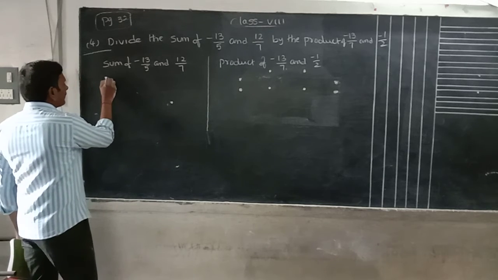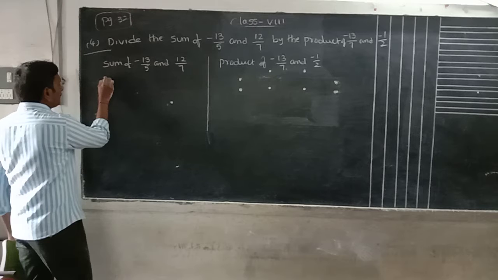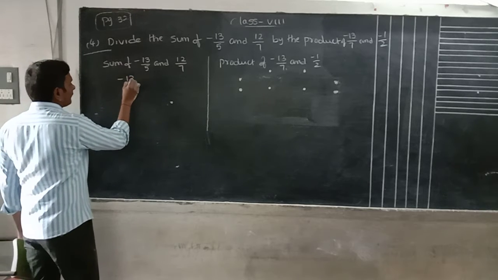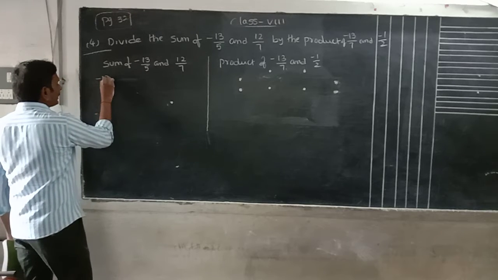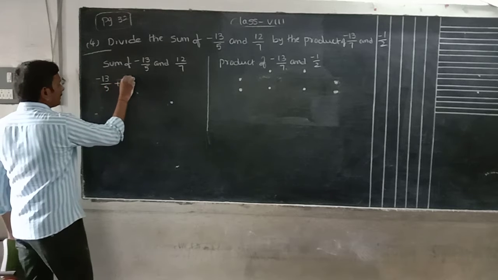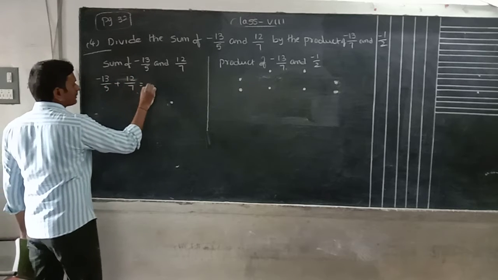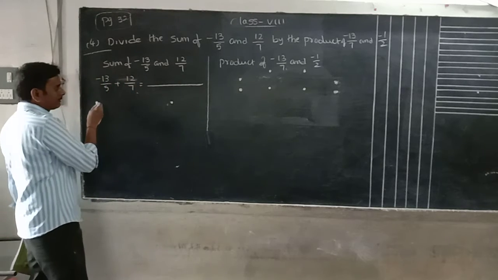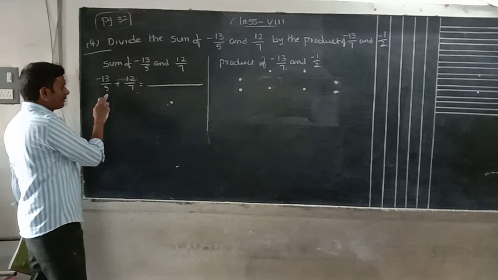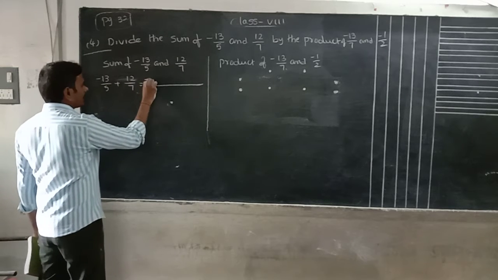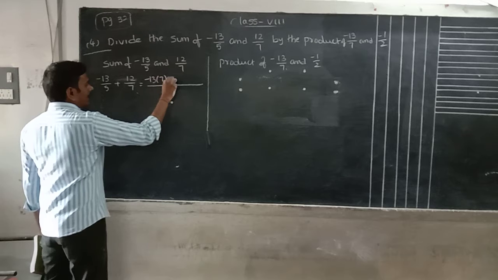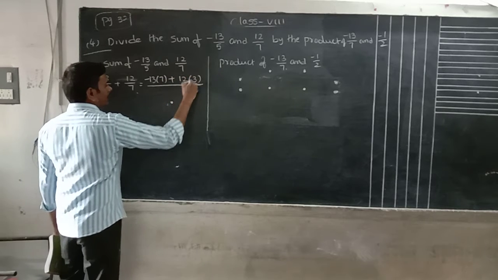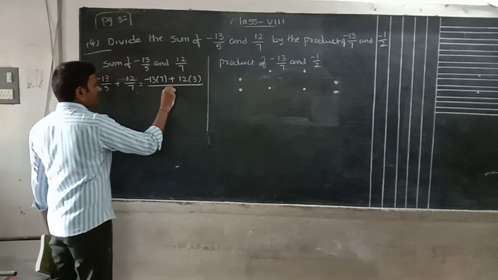Sum means minus 13 by 5 plus 12 by 7. Now cross multiply: minus 13 into 7 plus 12 into 5, by 5 into 7.